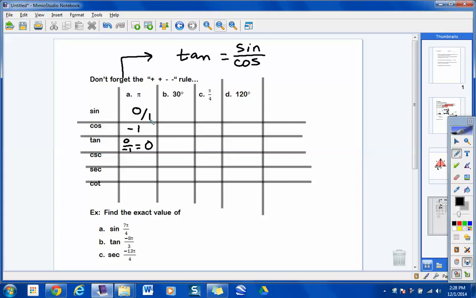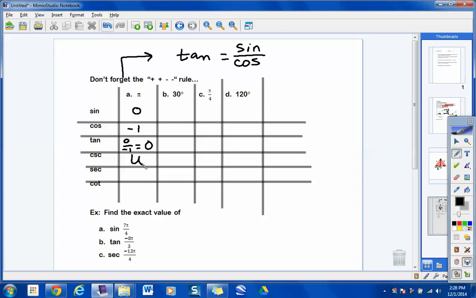So this is actually going to be undefined. Here's a general rule for you. Anytime you reciprocate a 0, the reciprocal of 0 is always going to be undefined. Does that make sense?